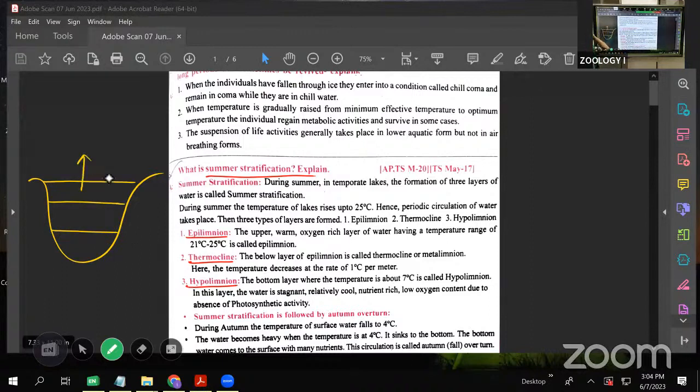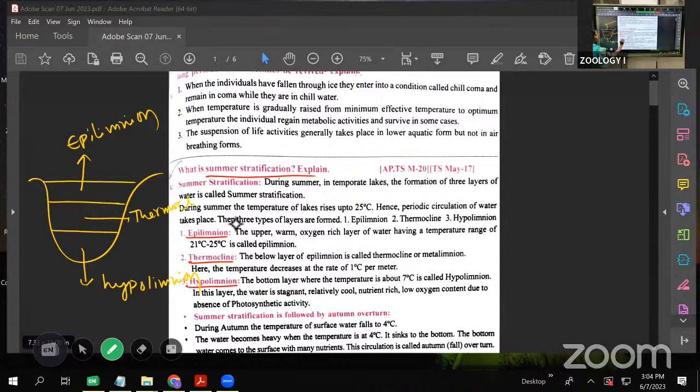In the summer season, it is more hot, that is called the epilimnion. Outer side is called the epilimnion. Last one is called the hypolimnion. Epi means upper one, hypo means down. Middle one is called the thermocline.